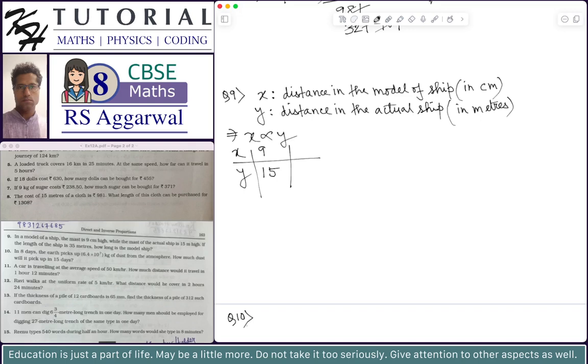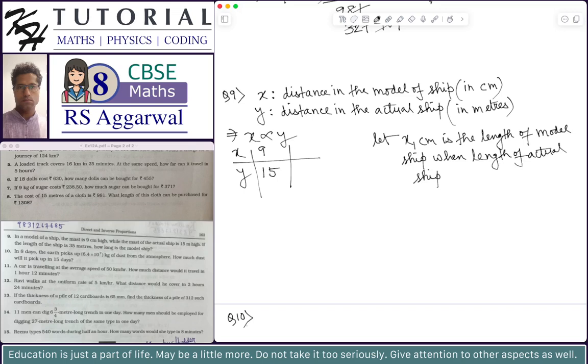So let x1 centimeter be the length of the model ship when the length of the actual ship is 35 meters.